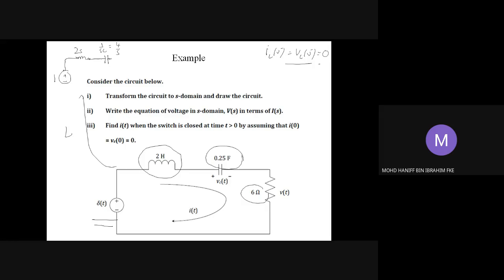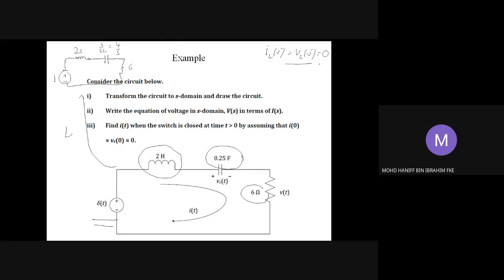The resistor remains as 6 ohm. That should be the circuit transformed into the S domain, because we have assumed that the initial current of the inductor and initial voltage of the capacitor are 0. So that answers question number 1.